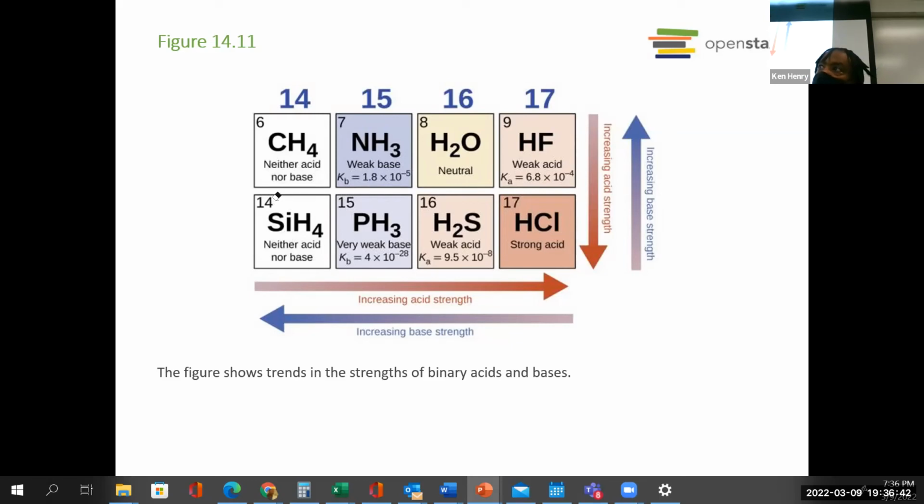If silicic acid is a weak acid, then this one is going to be neither acid nor base. Both of these fall into that category because they don't work as a weak acid or a weak base.